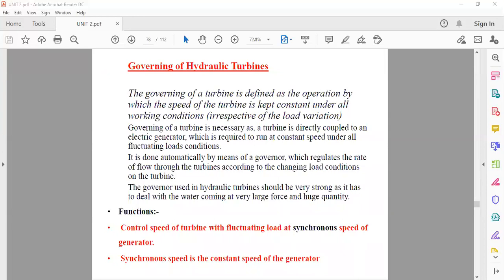That is called governing. It means controlling the speed of the turbine in various different conditions. So, how to control the speed of the turbine? There are various types of governor control.